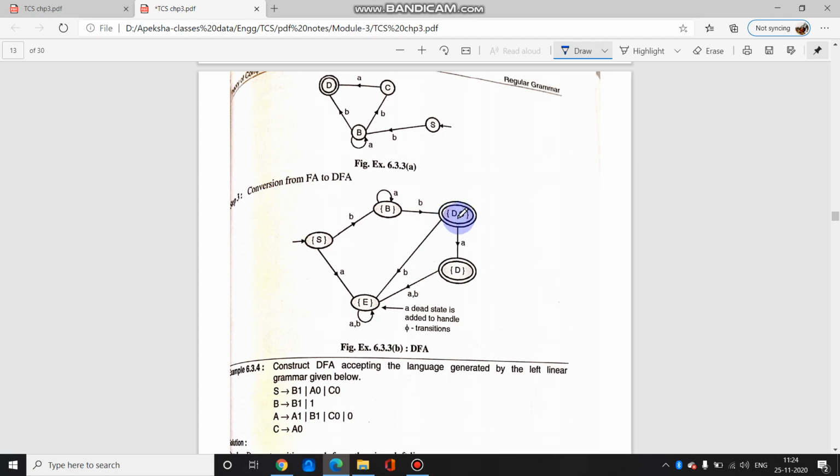You can simply put this as C, you can simply put this as D and ये जो transition है वो C के लिए अलग, and you can always have one transition from B to D over here.